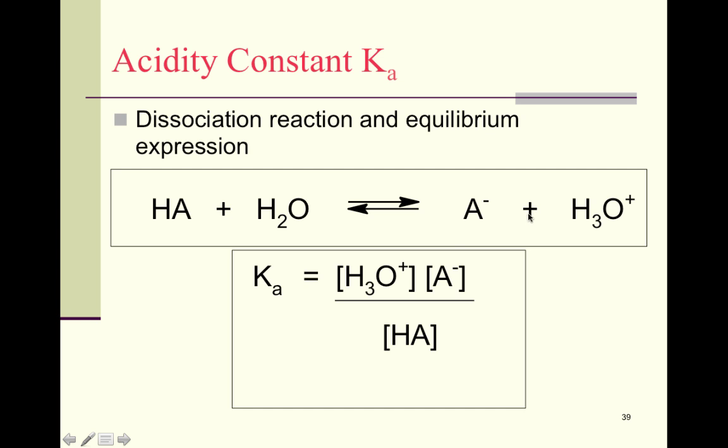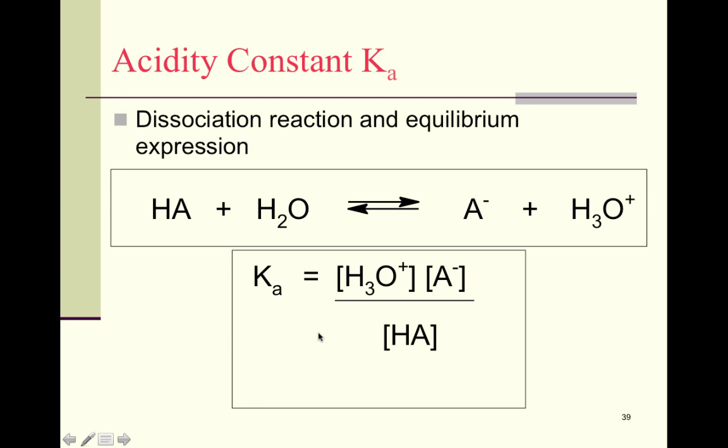There's a plus sign in the reaction, but in the equilibrium expression, it's the concentration of the hydronium times the concentration of the anion. You will be responsible for taking a look at an organic reaction, writing out its dissociation reaction, which would be the top piece, and also writing its corresponding equilibrium expression.